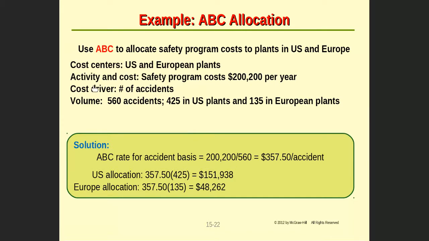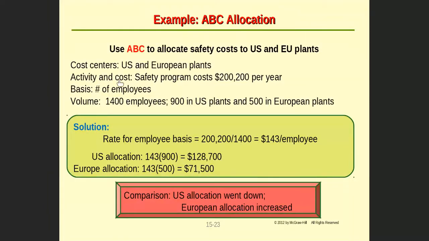Imagine if we have changed the driver for the same safety program cost, we have to find the new driver. For example, the number of employees is considered to be the driver instead of the number of accidents for the safety program, because the number of employees working in the plant could be an identification of how the safety program is running in the plant.